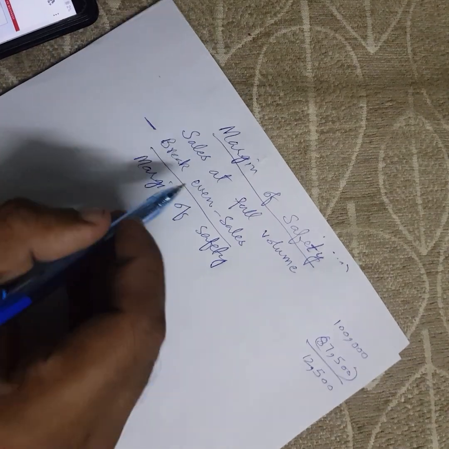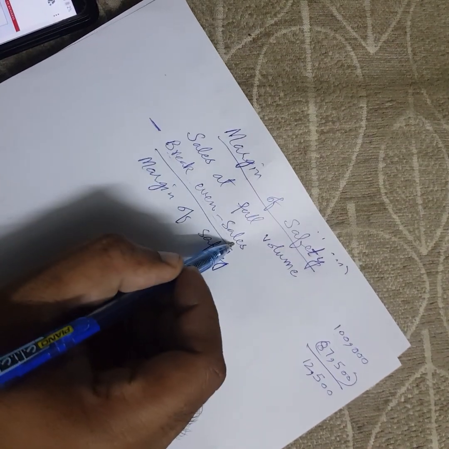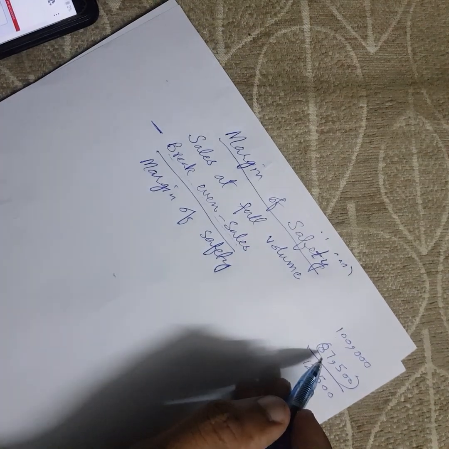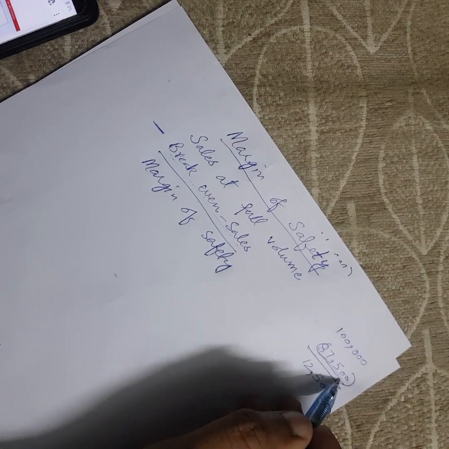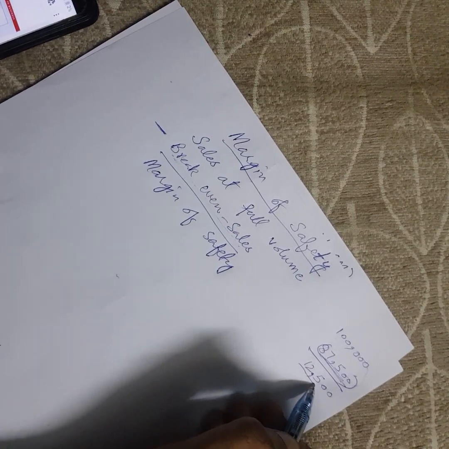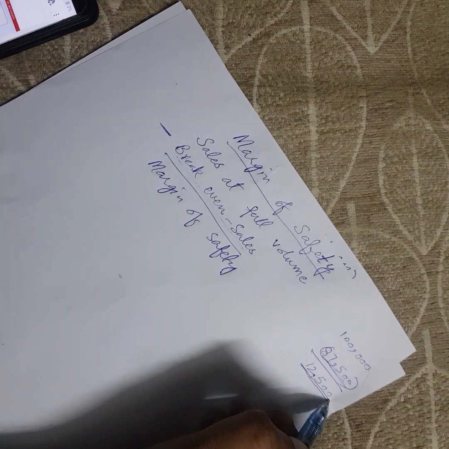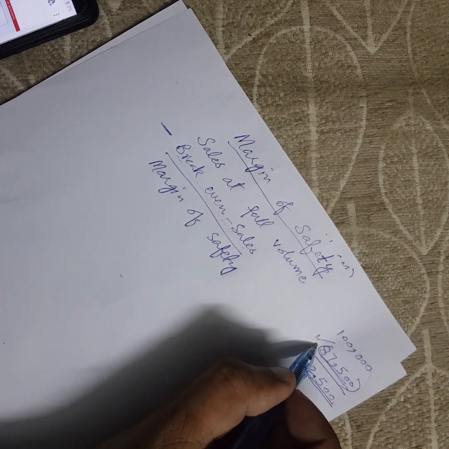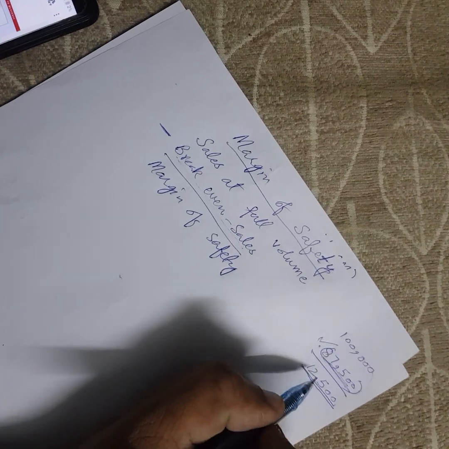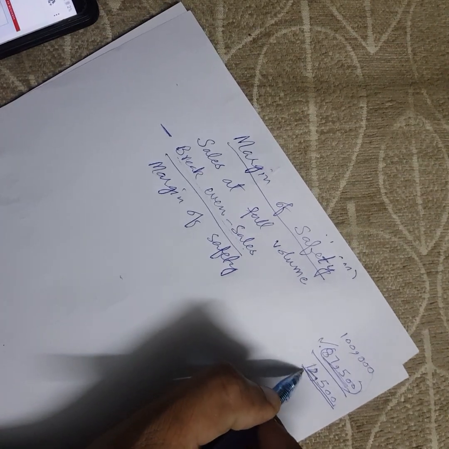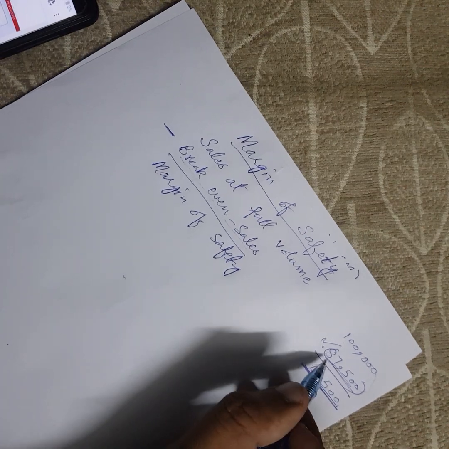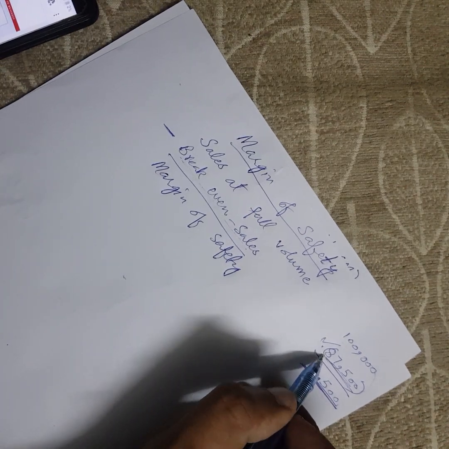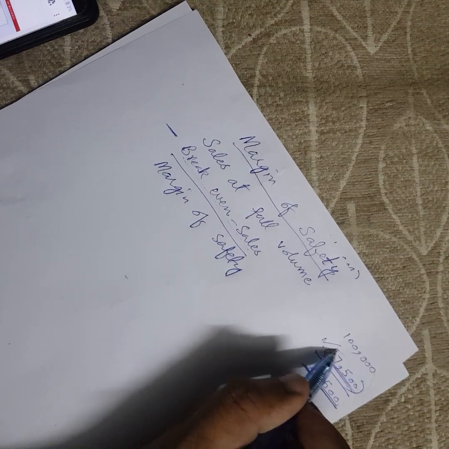In very easy words, break even in sales is that point at which our revenues and expenses become equal, and above this amount, the whole amount will be our margin of safety or margin of profit. At this point our revenues and expenses become equal, and after this point 12,500 is the total profit. It will not contain any type of expenses because all expenses were covered by the earlier amount.